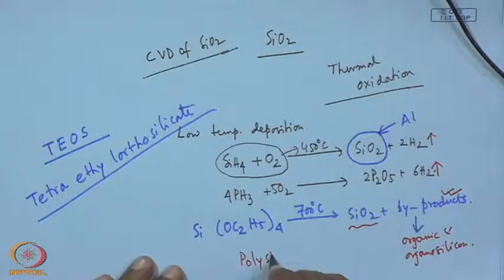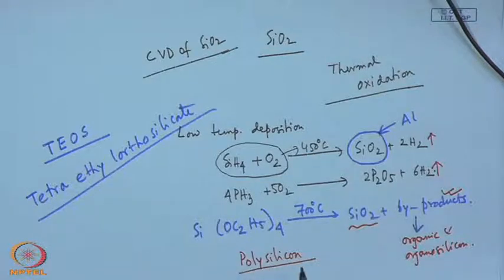As we have discussed earlier, polysilicon is the polycrystalline silicon which is widely used for the preparation of MOS devices, particularly silicon MOS devices. This polysilicon is grown over the gate oxide.